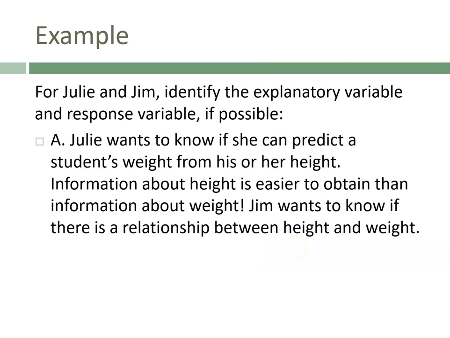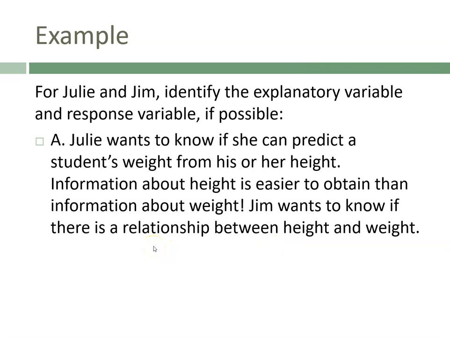All right, let's do 2 examples. For Julie and Jim, we want to identify the explanatory variable and the response variable if it's possible. There will be some instances where it's not obvious what the explanatory or response variables are. Okay? In this example, Julie wants to know if she can predict a student's weight from his or her height. Information about height is easier to obtain than information about weight. Jim wants to know if there's a relationship between height and weight.